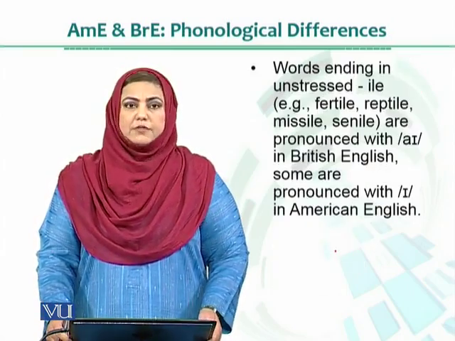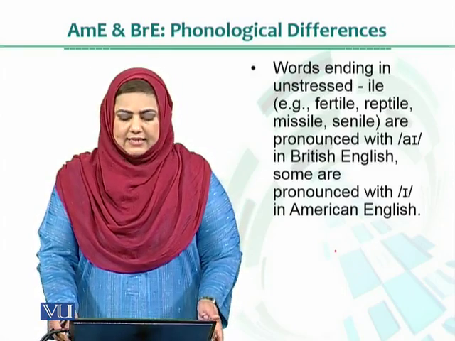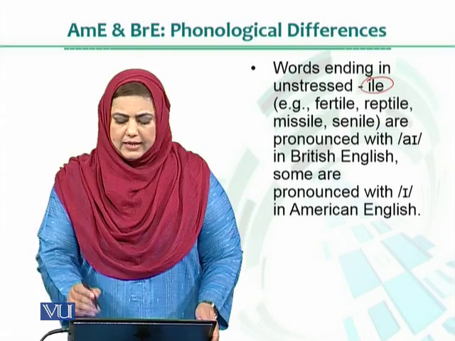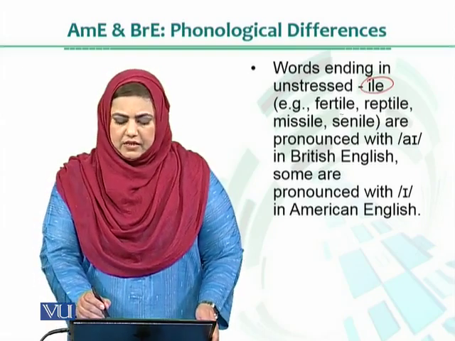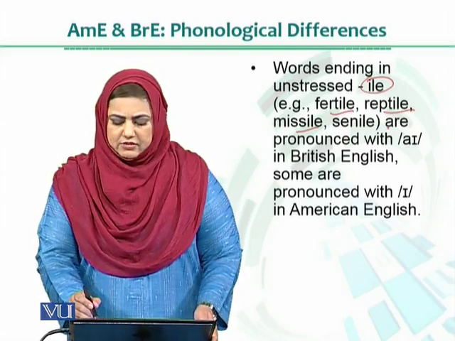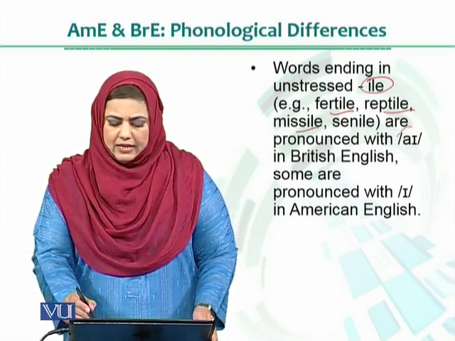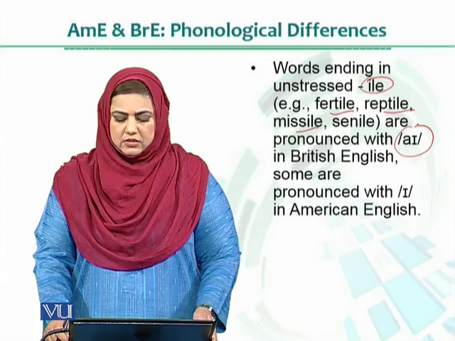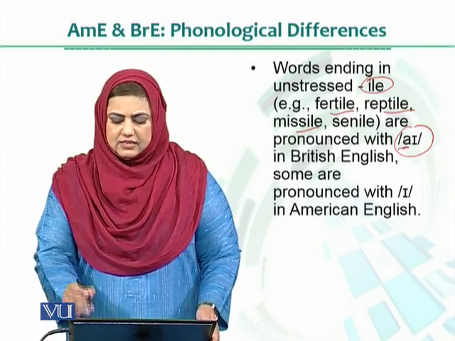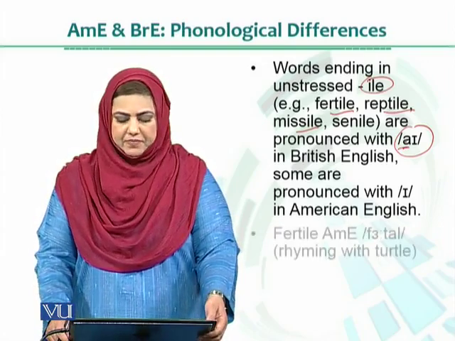Another example of the differences is words ending in unstressed ile, for example fertile, reptile, missile, etc. They are pronounced with the I sound in British English, whereas in American English this is not pronounced in them.